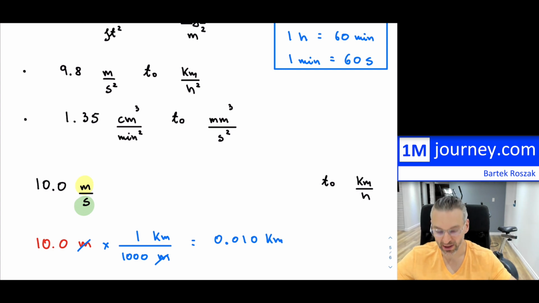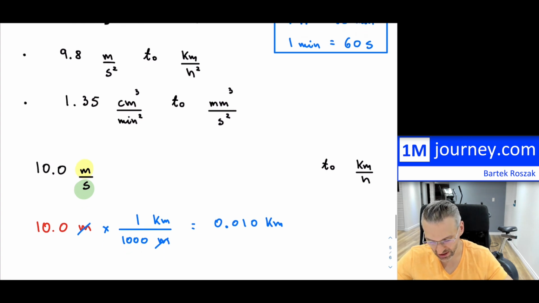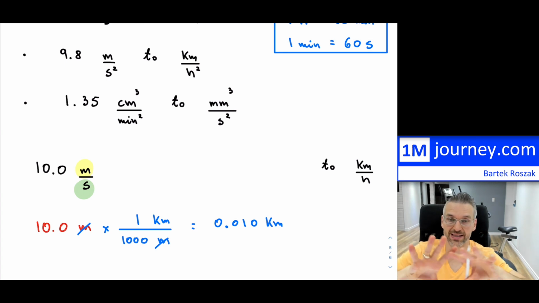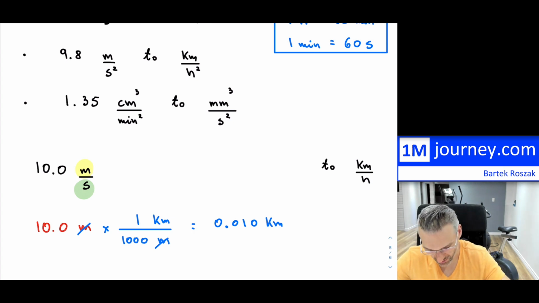What is new is that we're not just dealing with meters, right? We are actually dealing with also seconds in the denominator. But you can separate it into 2 separate problems. So you can first convert it back into kilometers, as I have just done. So what would that mean?